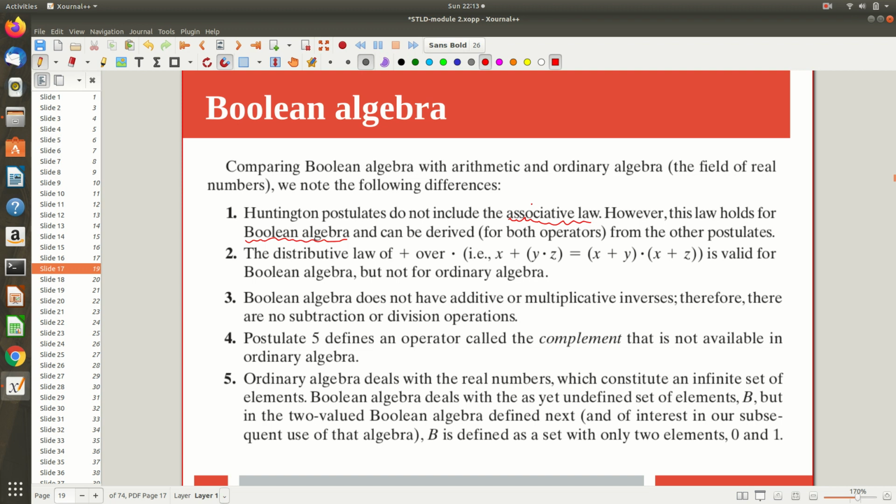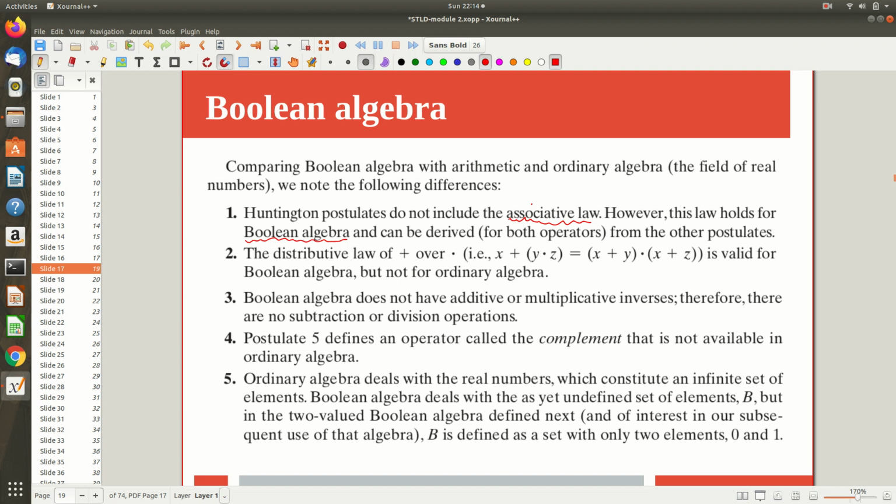The minimum requirements are those 6 postulates we listed in the previous slide, where we didn't see this associative law. That means whether associativity holds or not is not a big issue. Still it is a Boolean algebra, but fortunately the associative law is true for Boolean algebra, though it is not a mandatory condition.